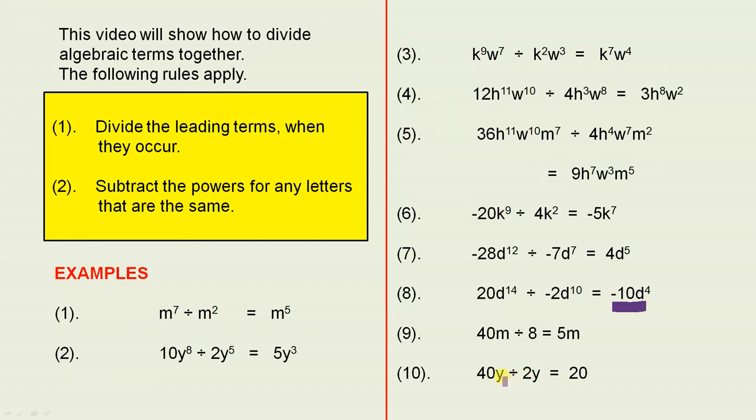And if you subtract the indices, for example, that's y to the power of 1 here, and that's y to the 1. If you go 1 minus 1, that gives you 0, so that actually gives you y to the power of 0. But we know that any letter to the power of 0 is 1, and that's why the answer is 20.